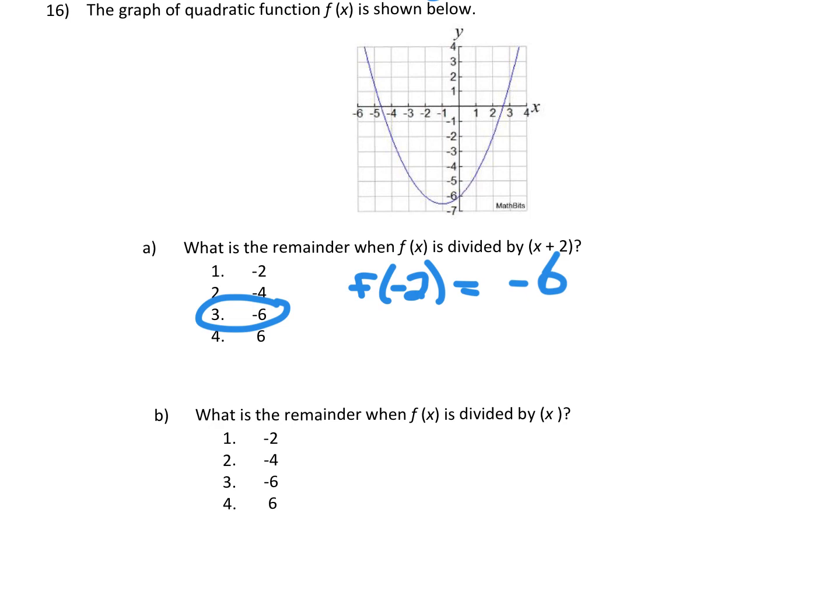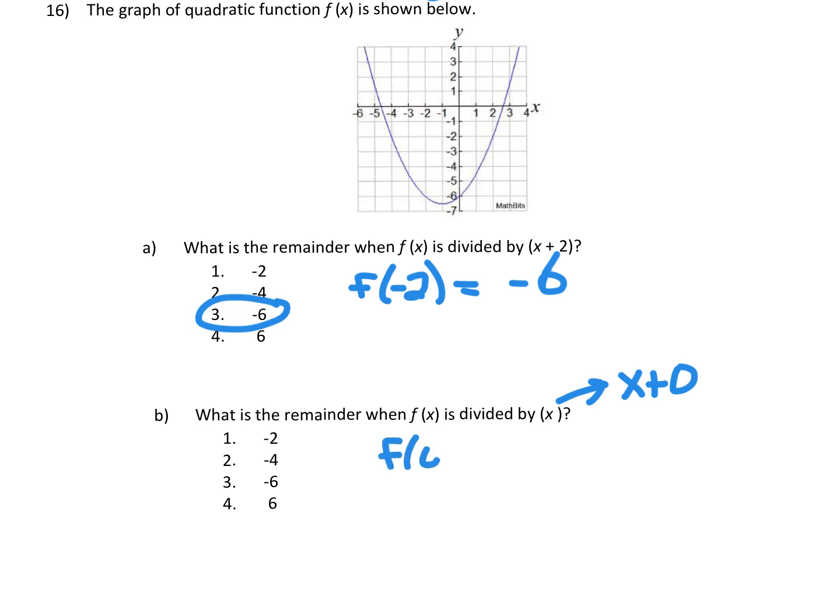All right, part B. What is the remainder when f of x is divided by x? Now, isn't x the same thing as x plus 0? So basically, what we're doing is we're plugging in a 0 for x here. Okay, so we're trying to figure out what's f of 0.